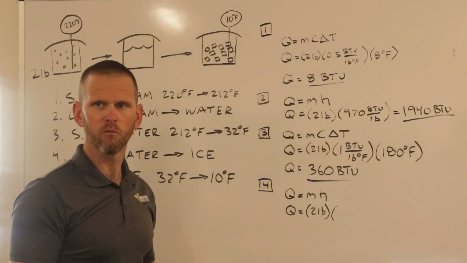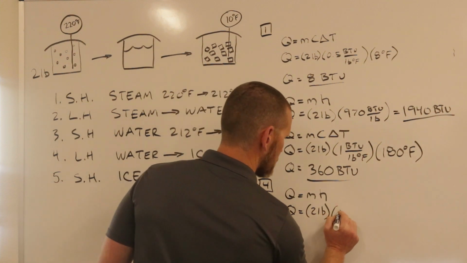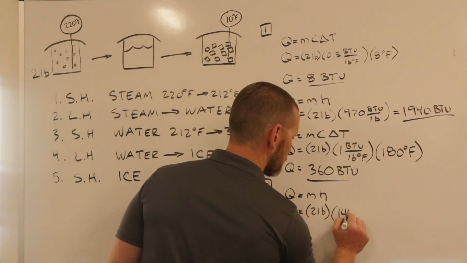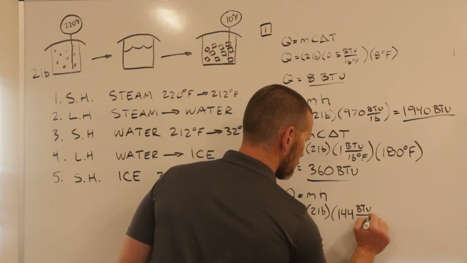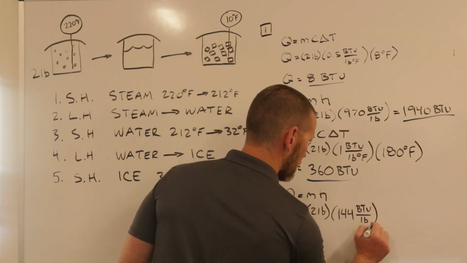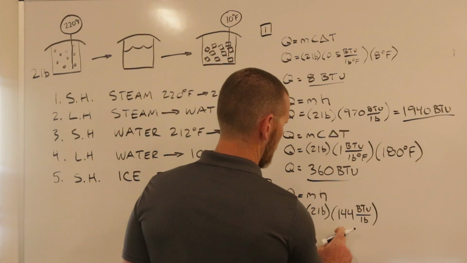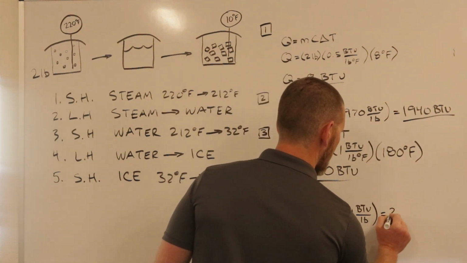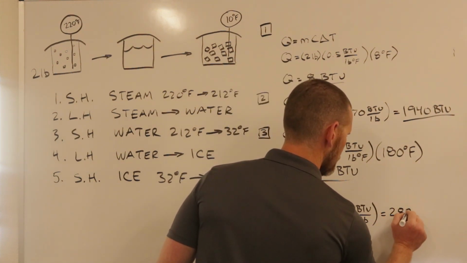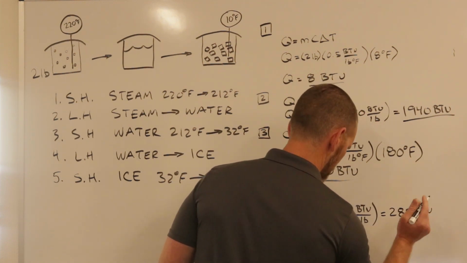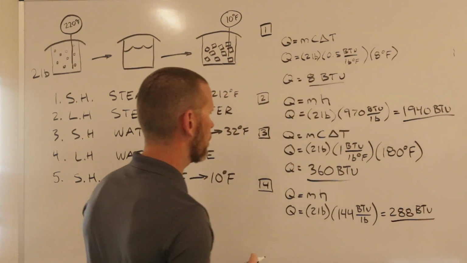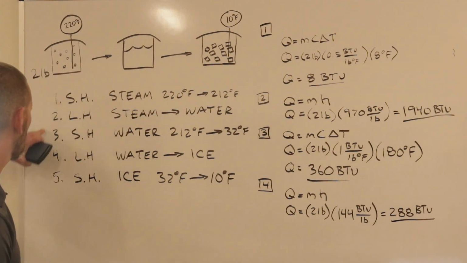Instead, it's 144 BTUs per pound, which is the latent heat of fusion for water. Okay, 2 times 144, that equals 288 BTUs. Step 4, complete. So we've completed steps 1 through 4.